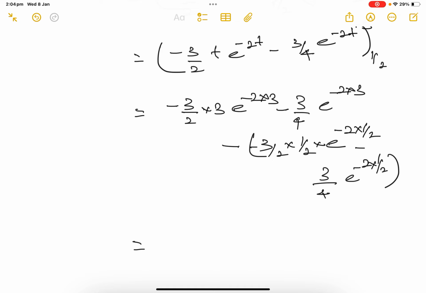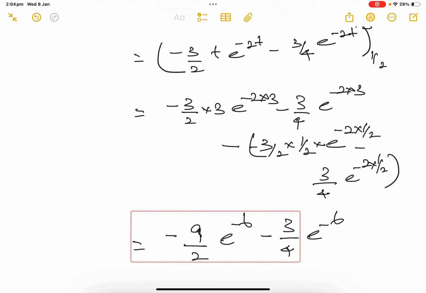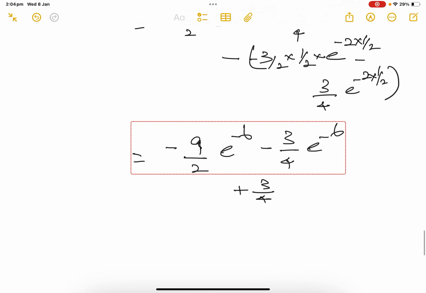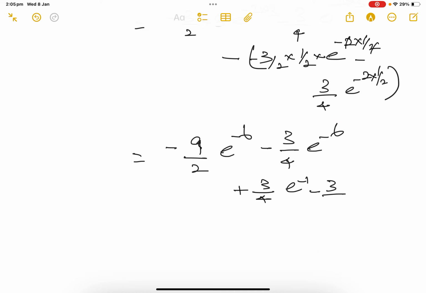Then 3 times 3 is 9, so minus 9 over 2 e to the minus 6, minus 3 over 4 e to the minus 6, and minus times minus is plus, so plus 3 over 4, 2 times 2 is 4, 3 over 4 e to the minus 1, and the 2s cancel out, e to the minus 1. There's a minus there, minus 3 over 4 e to the minus 1 with the 2s cancelling out.